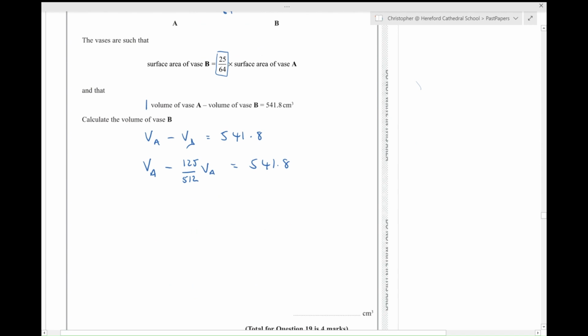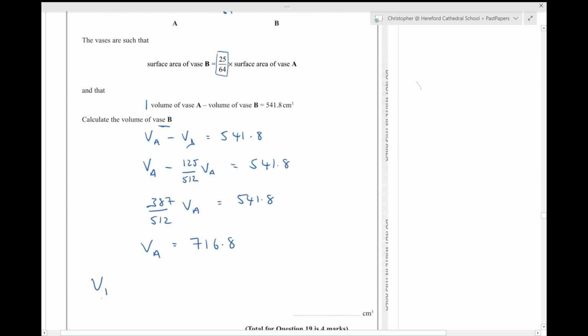Okay, that means that 387 512ths of VA equals 541.8. Multiply both sides by 512 and divide both sides by 387, and I now know that VA is 716.8.